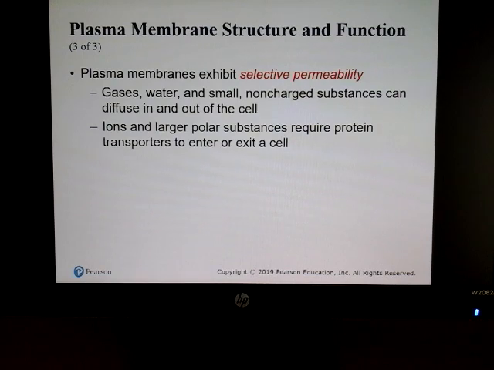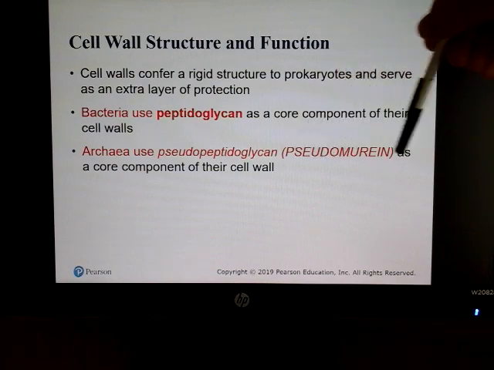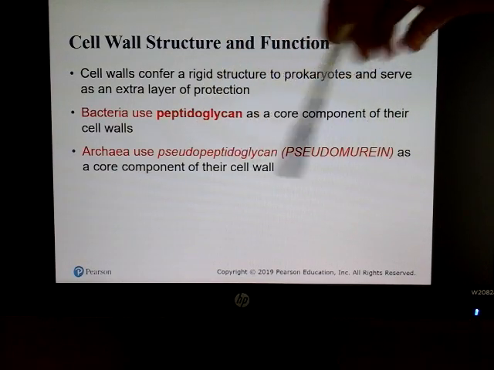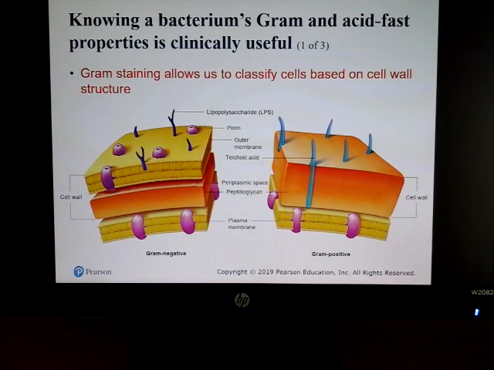They select what they're going to allow in and out. Bacteria have peptidoglycan in their cell wall. Archaea is also a type of prokaryote, so please know that they use pseudomurein. It's not really peptidoglycan. When you see pseudo, that means false. So they use pseudomurein instead of peptidoglycan.